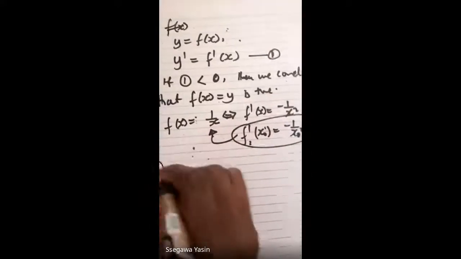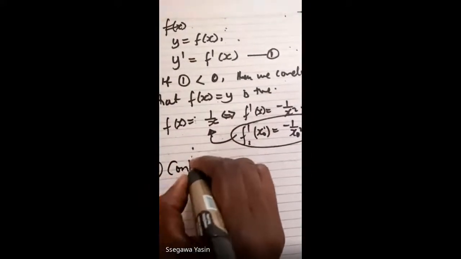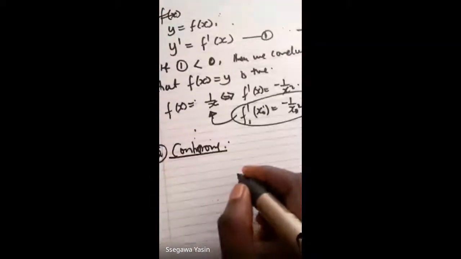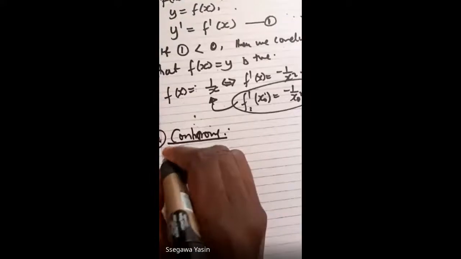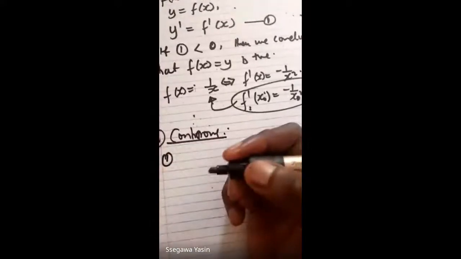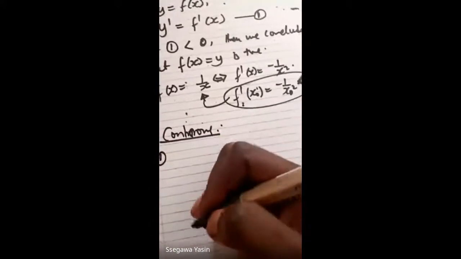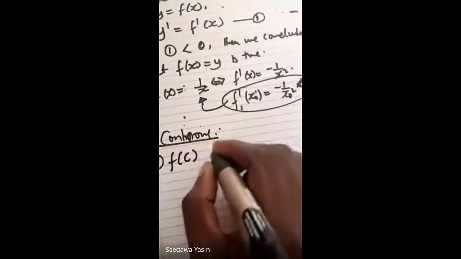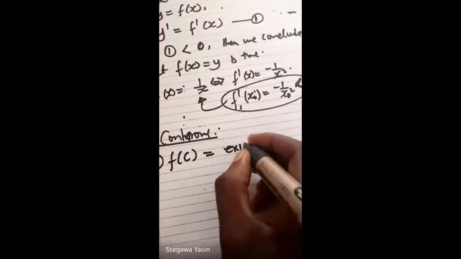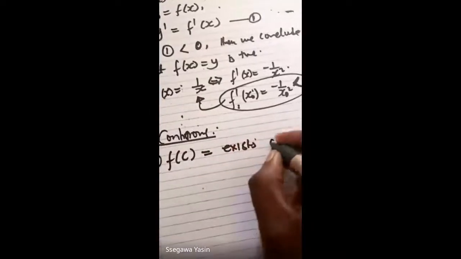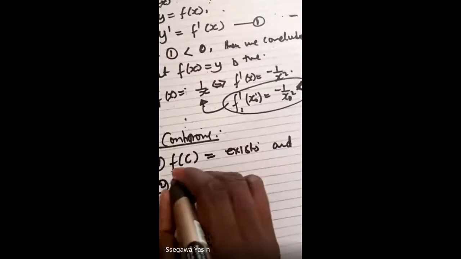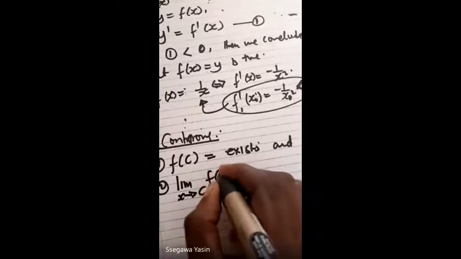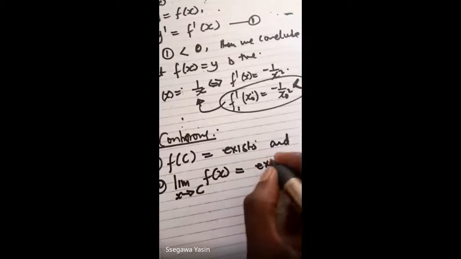Then how do we show continuity of functions? How do we show that a function is continuous? You use the original expression, but we may not go into details. One, the value f of c exists. Two, the limit as x goes to c of f of x also exists.